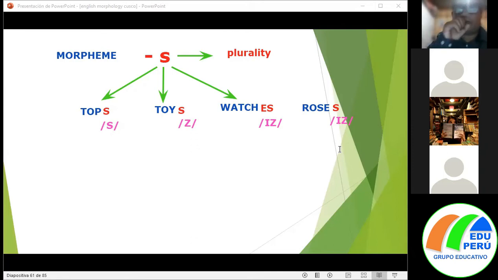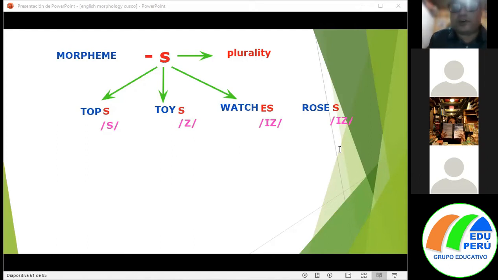Toy, okay, toy. What is the final sound of toy? Oi, it's a vowel sound, and all the vowel sounds vibrate. So the S that you write, you have to make it in a vibrated form. What is the vibrated form? Z, toys. And the other, teacher, you add ES or S. Notice we have the two cases because you could say, but teacher, it's easy, ES, so you need to produce two sounds, iz.